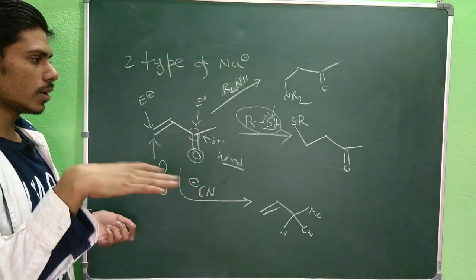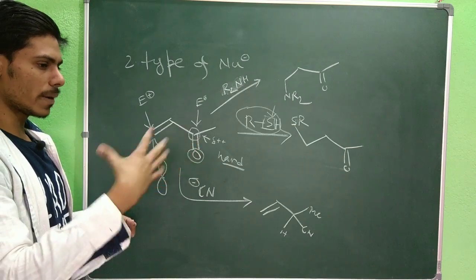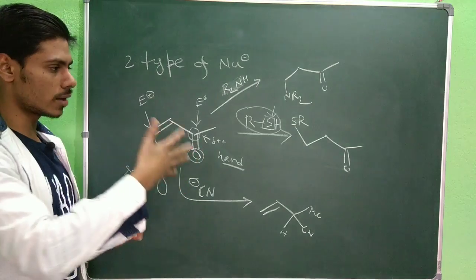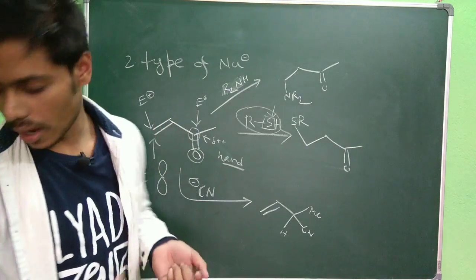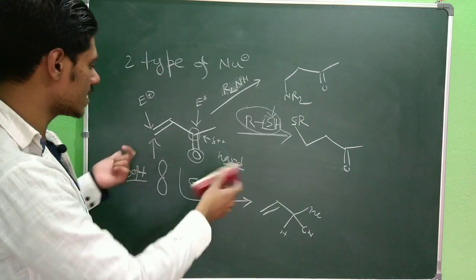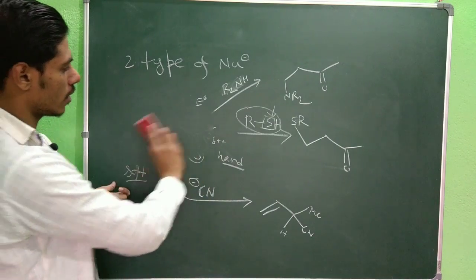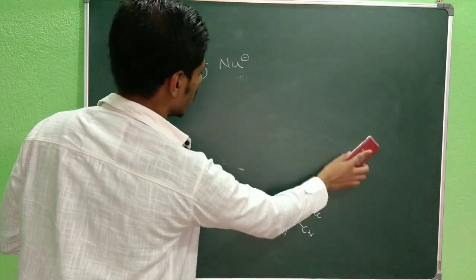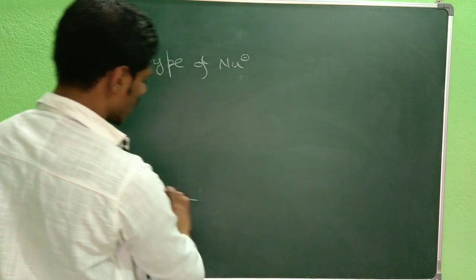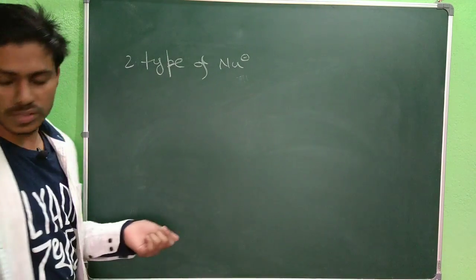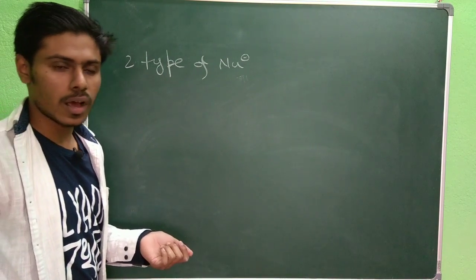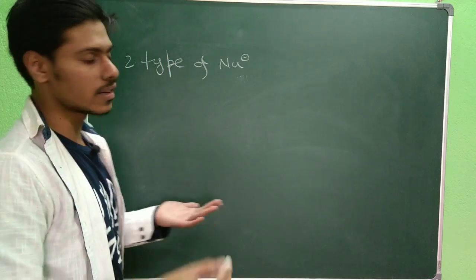So when you compare, you have to always look at the nucleophile, whether it is soft or hard, and these are some examples, but the most important example of soft and hard nucleophiles is the reaction of alpha beta unsaturated carbonyl compounds with Grignard reagent.